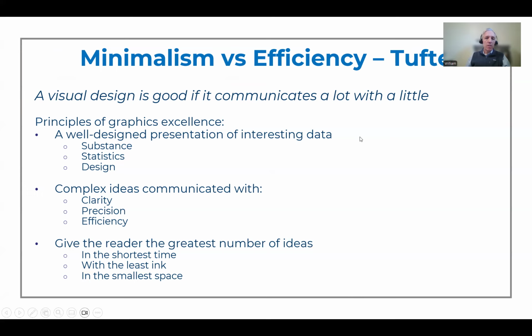Well-designed presentation of interesting data: substance, statistics, and design. So these three things go into a well-designed presentation. You can communicate complex ideas with clarity, precision, and efficiency. And you give the reader the greatest number of ideas in the shortest time with the least ink in the smallest space. So if you can put charts together that follow these principles, you're going to win.